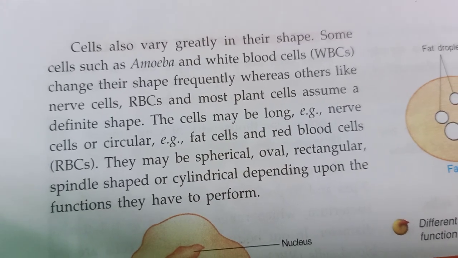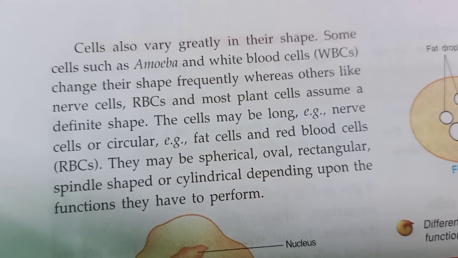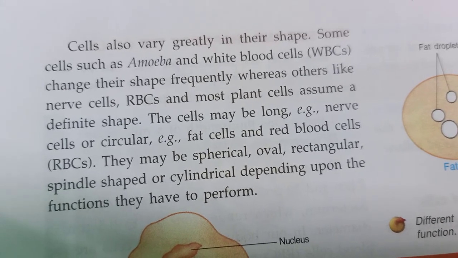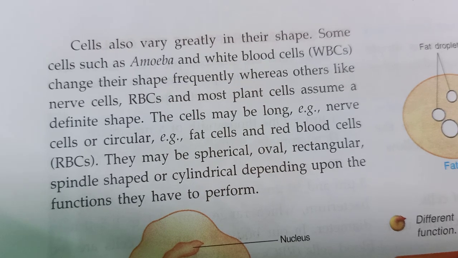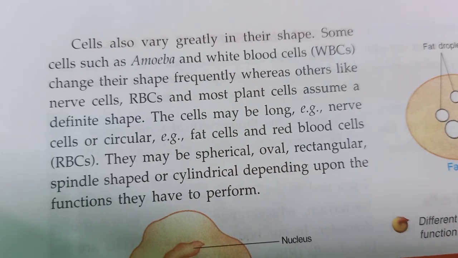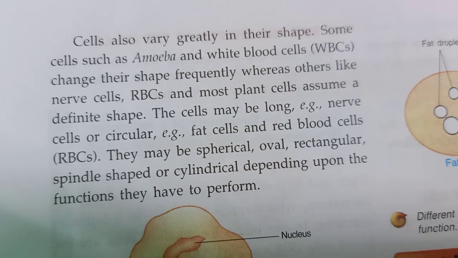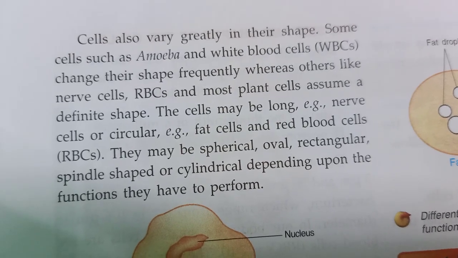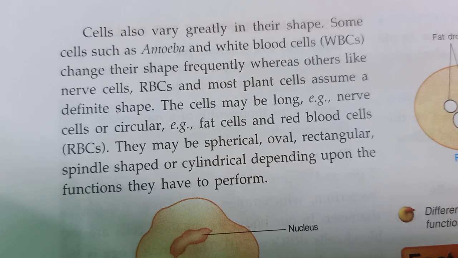Now the cells may be long, for example nerve cells, or circular, for example fat cells and red blood cells. The nerve cell is in the form of a longer tube, and the fat cells and red blood cells are in a circular form.